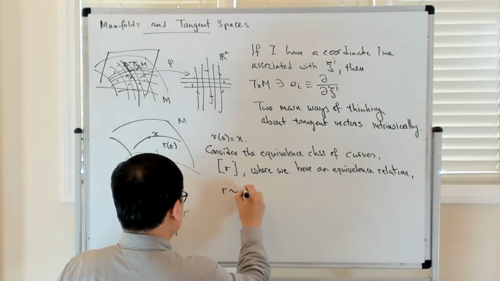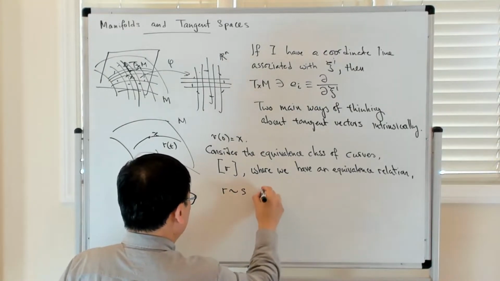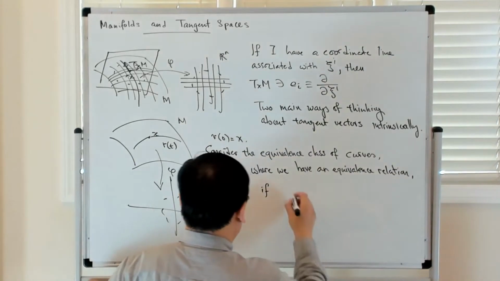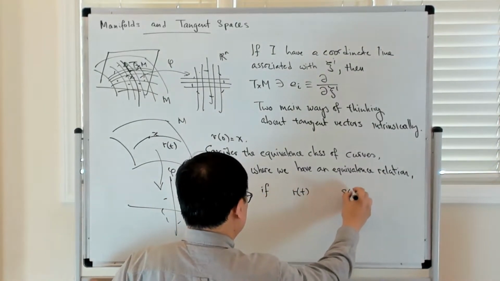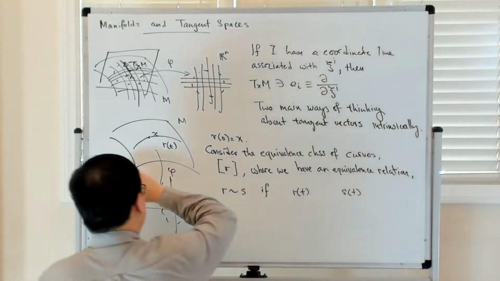R is equivalent to another curve S if, so you have R as a function of t and S as a function of t. So these are curves on the manifold.